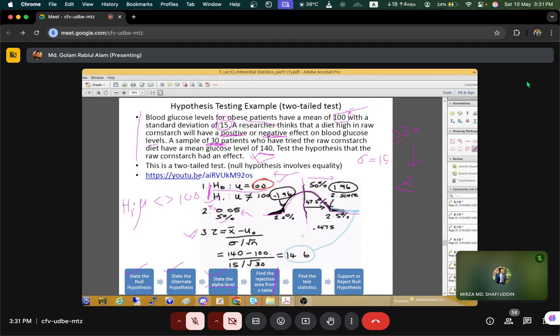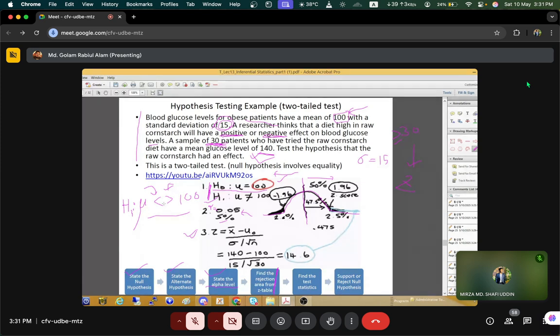Then we have to determine whether this is a one tail test or a two tail test. Based on our alternate hypothesis, mu can be greater than 100 or less than 100. That means two conditions are there, so it has two tails.